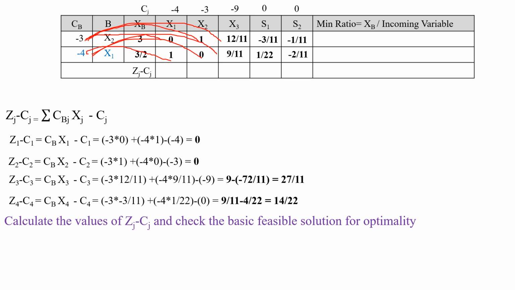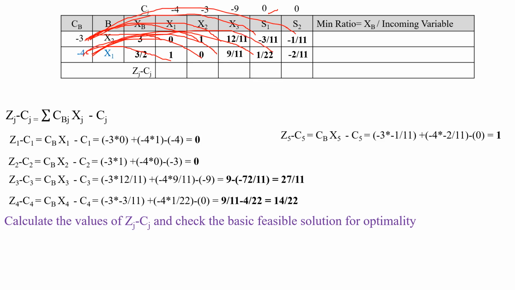So next Z4 minus C4, it is minus 3 into 3 by 11 plus minus 4 into 1 by 22 minus 0, this value is 14 by 22. Next Z5 minus C5 will become minus 3 into minus 1 by 11 minus 4 into minus 2 by 11 minus 0, it is 1.